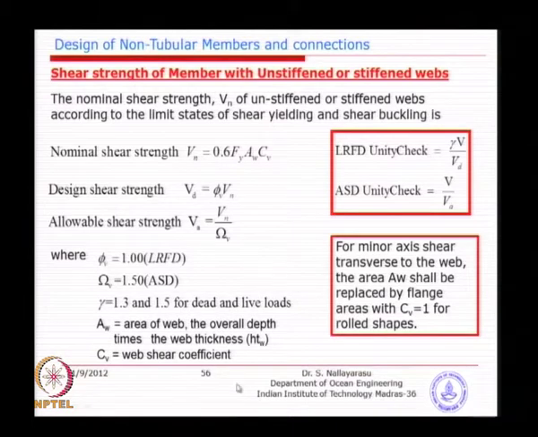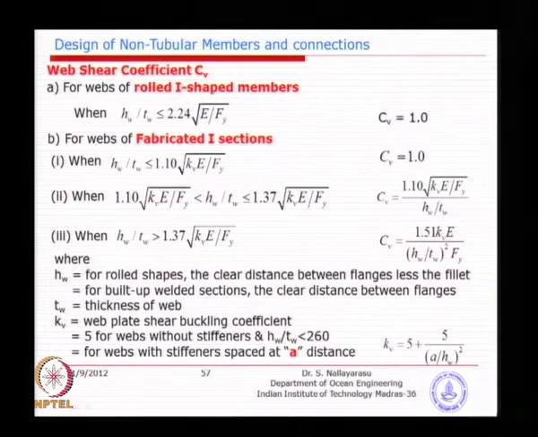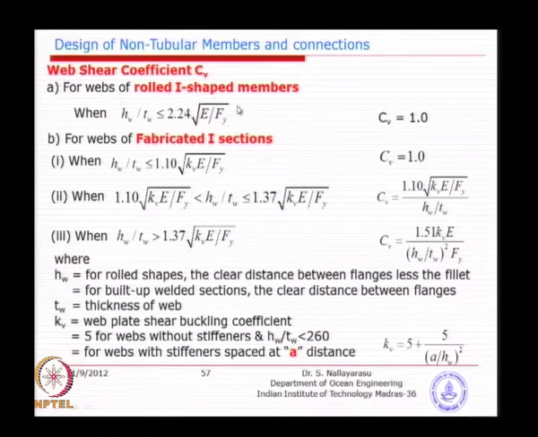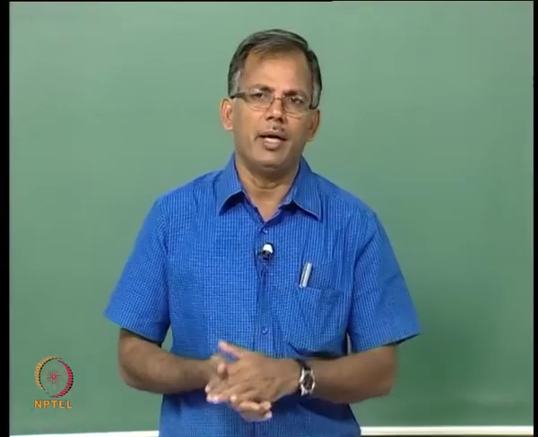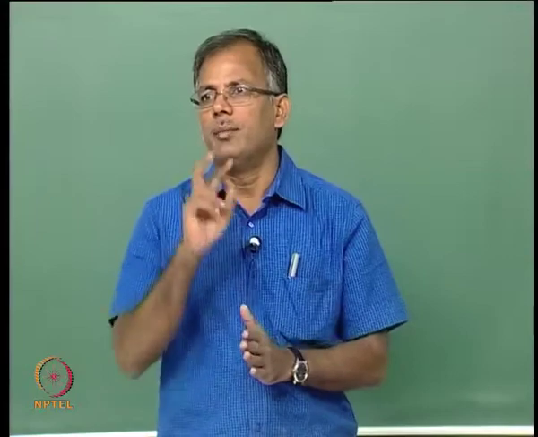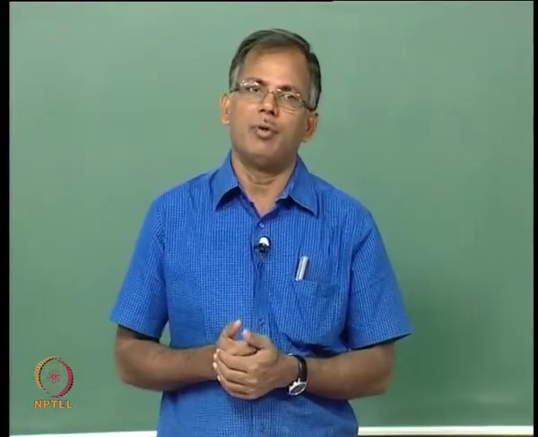Now this shear buckling coefficient CV needs to be calculated. Here we have got two cases: webs of I-shaped members or webs of fabricated sections. I think we have seen earlier how the fabricated sections are made by taking flat plates and then making a fillet weld or full penetration weld.